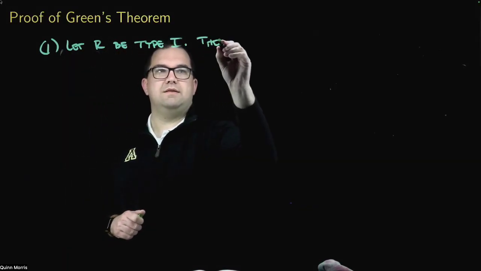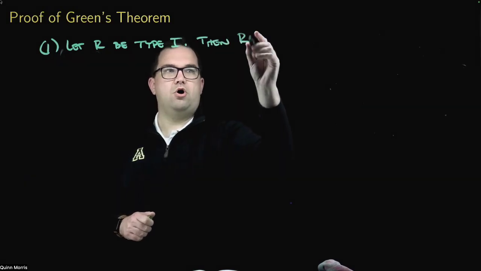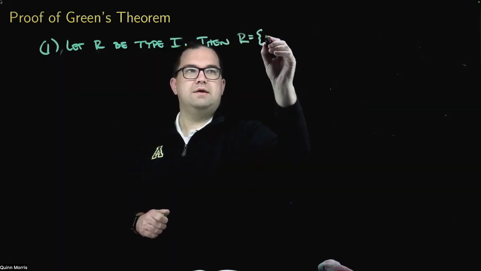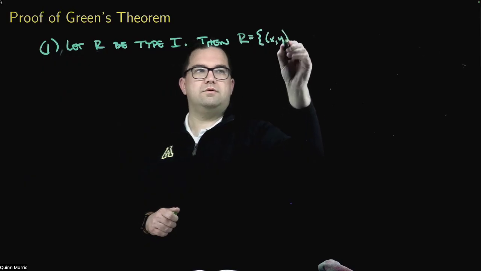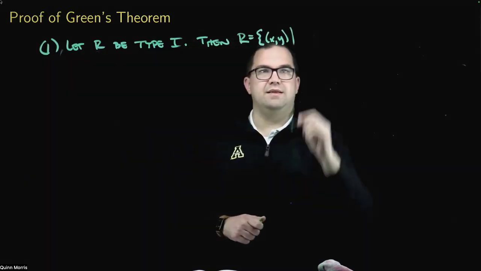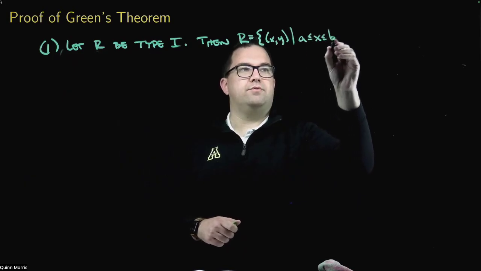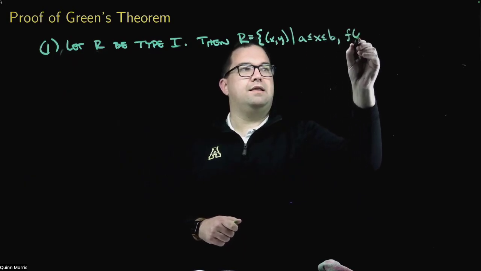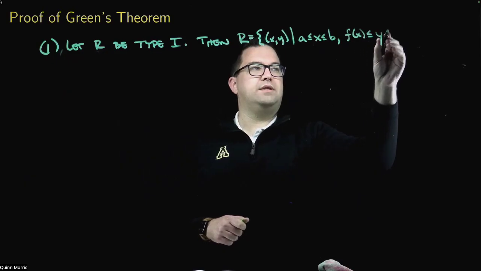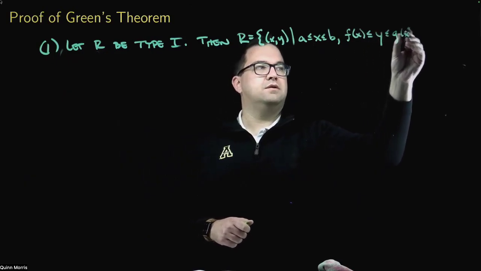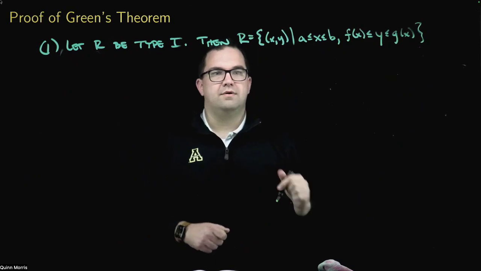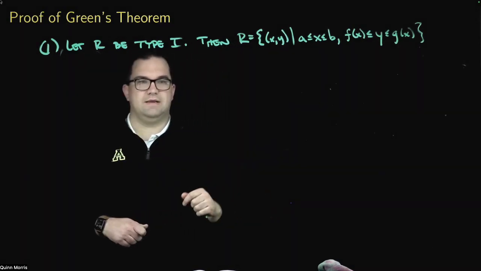What does it mean to be type 1? It means your region R is the set of points x, y that can be written in the form a is less than or equal to x is less than or equal to b, and your y values are bounded between some functions of x. I'm going to just call those f of x and g of x.